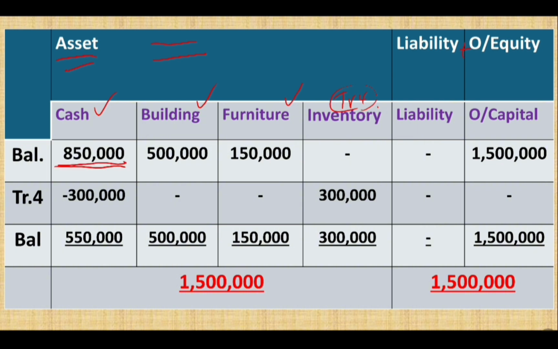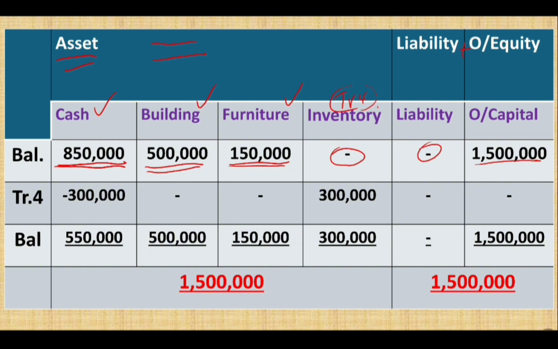So the balance of cash after transaction 3 from the previous slide is 850,000. The balance of building after transaction 3 was 500,000, and the balance of furniture after transaction 3 was 150,000. In transaction 3 there was no inventory and there was no liability, but the owner's capital was 1,500,000.